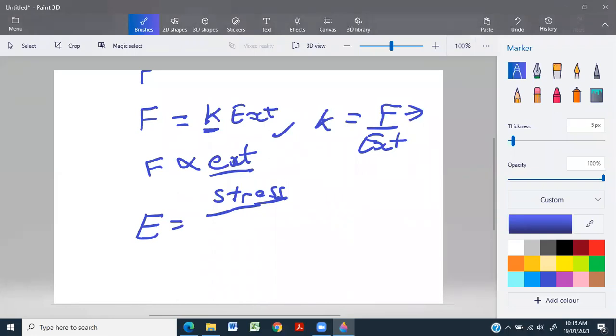So we use strain. Now, it's pretty similar to this constant, but it's on a higher level. So this is Young's modulus. We use the letter E to represent it. And the formula for it is stress divided by strain, right? And it's just an extension of Hooke's law.